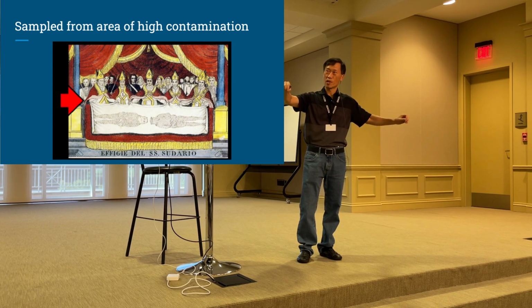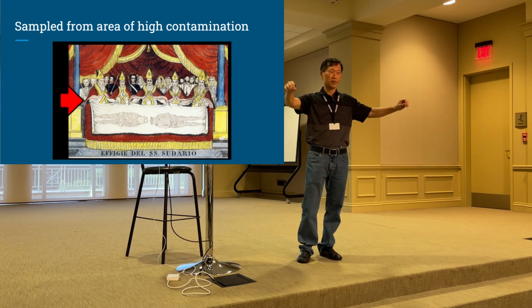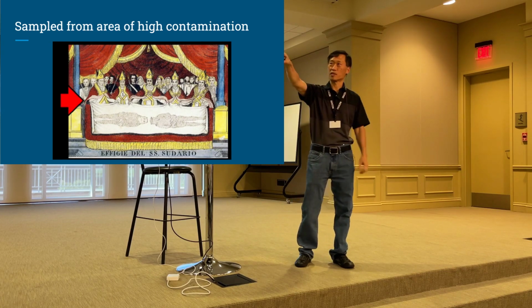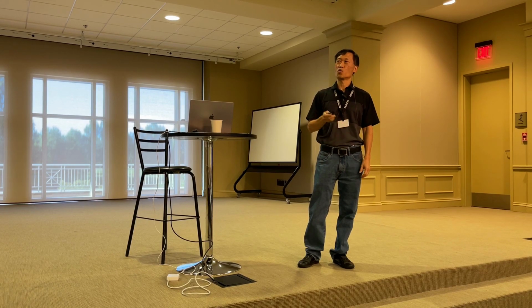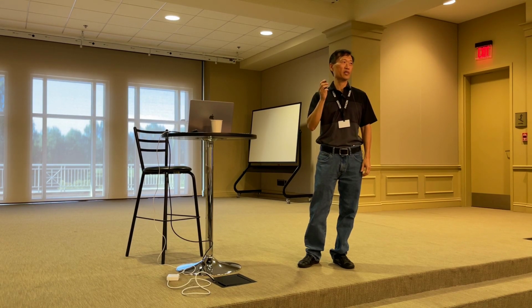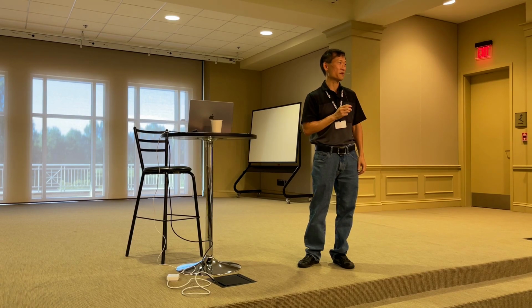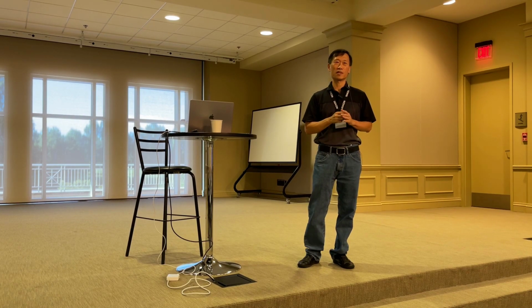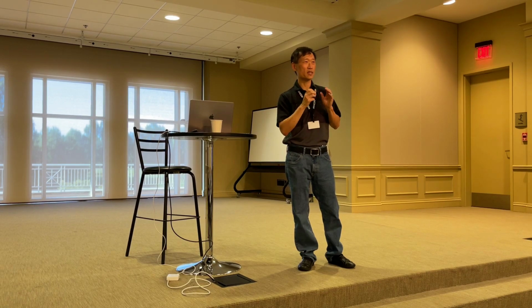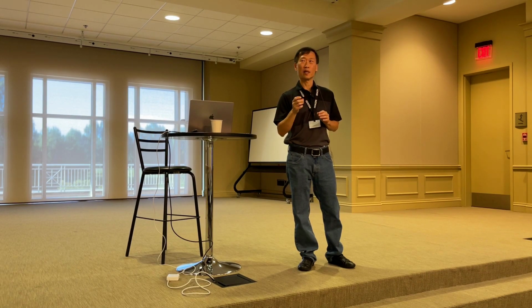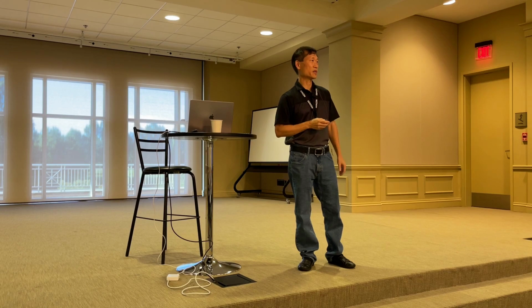They held the shroud and they just hold it like this, on the top corners and at the top. And so they sampled it at one of the most contaminated parts of the shroud. So if you're going to do carbon-14 tests, you would want to pick a spot where it's not contaminated. But this was one of the most contaminated spots.